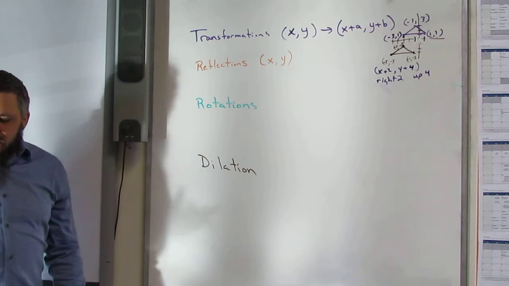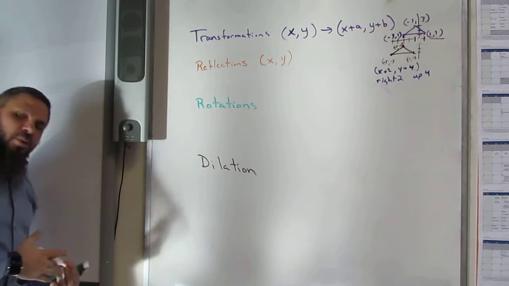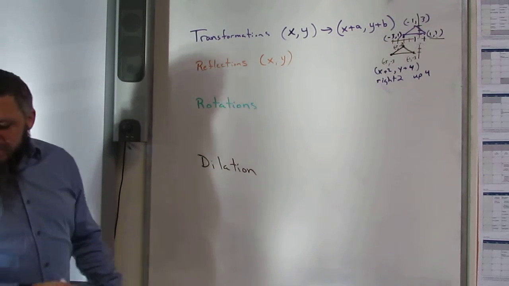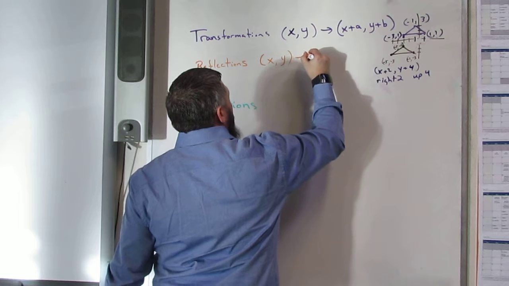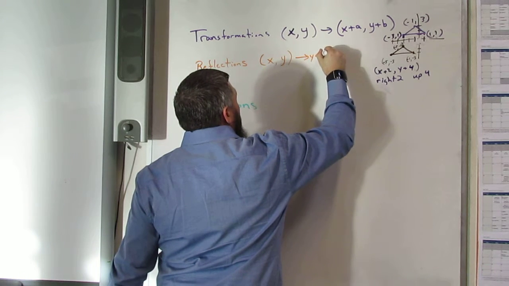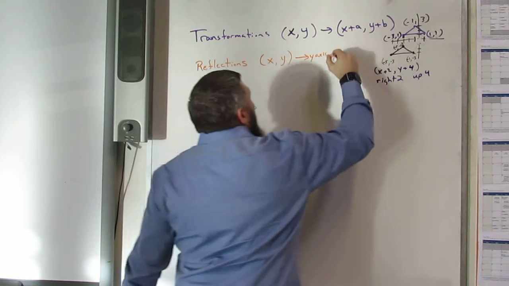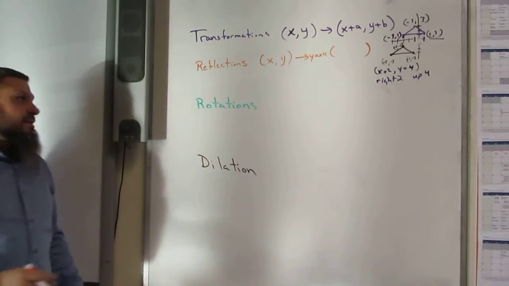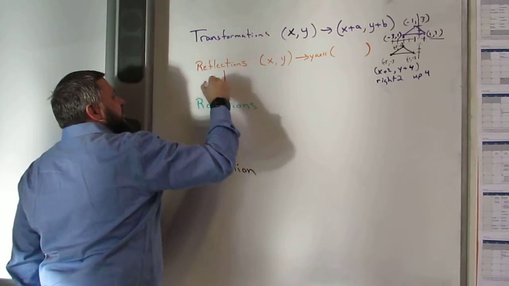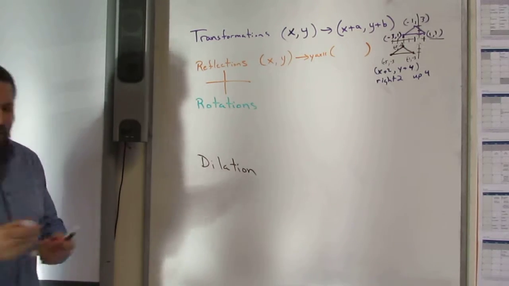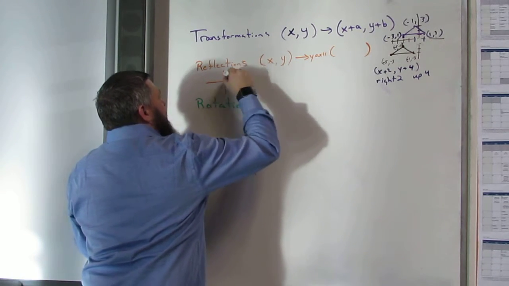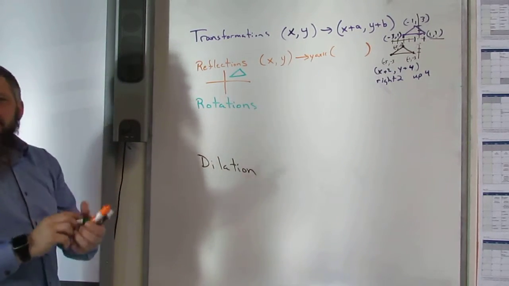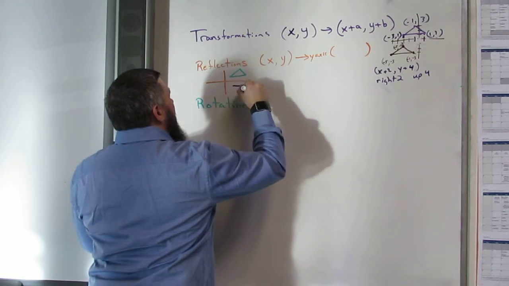I'm going to reflect it across either the x-axis or the y-axis, and it's very important to know which one I'm dealing with. The first one we're going to deal with is the y-axis. In order to deal with the y-axis, I'm taking this function, this graph or triangle, and I'm going to reflect it and make this one.